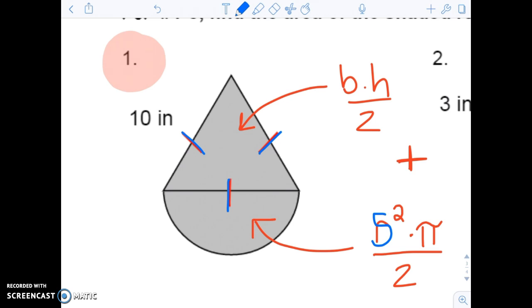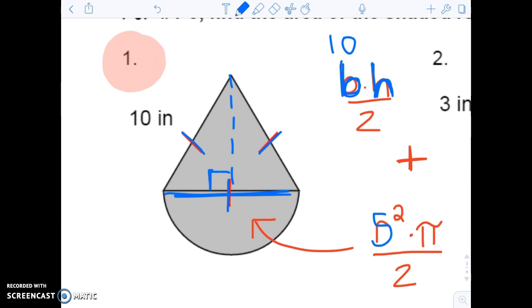If I were to go back and take a look at this a little bit more, in order to find the triangle, I need its base, which I have. It's 10. I would also need its height, which I don't have, but I can get. The height for that triangle would be located right here. And if I take a look, height meets the base at a right angle. We already talked about the fact that this side is 5.